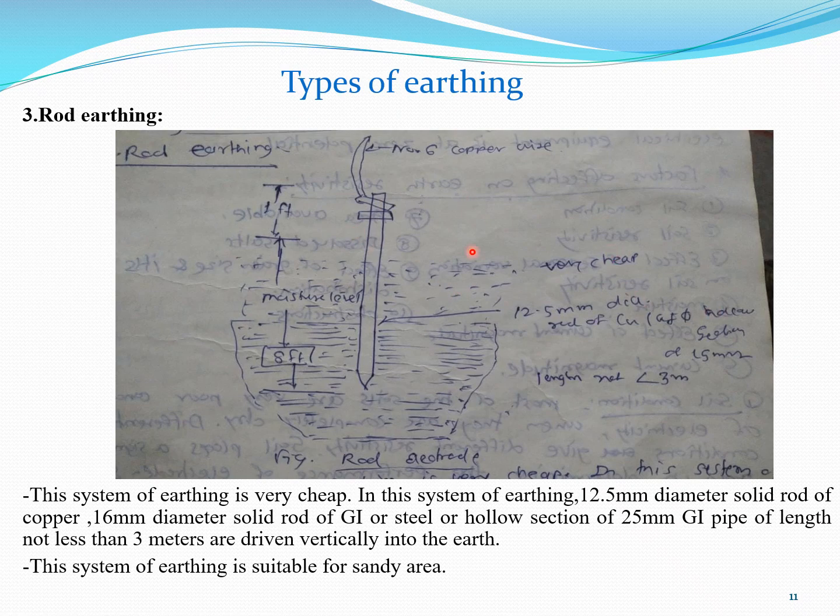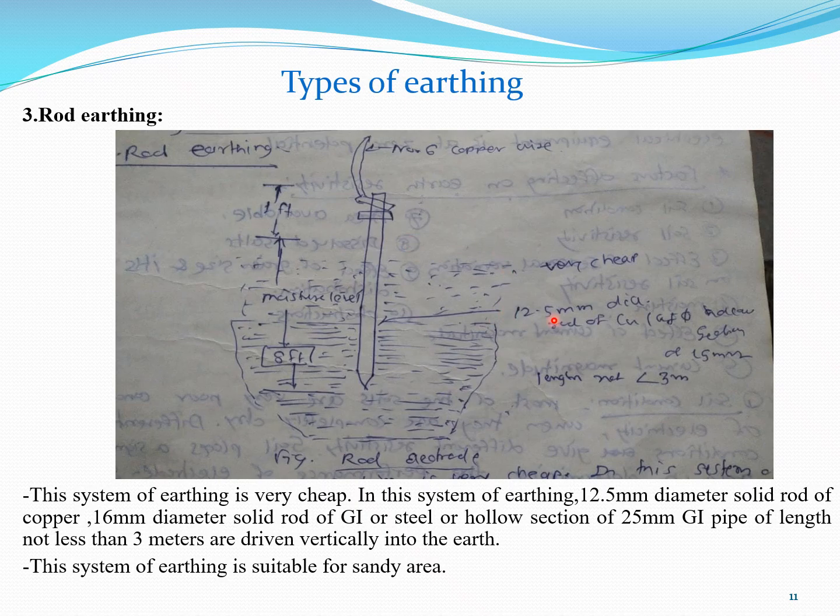Now we'll discuss rod earthing. In the case of rod earthing, an electrode is used for the earthing purpose. Then number 6 copper wire is used for the earthing system, which is connected to this rod.